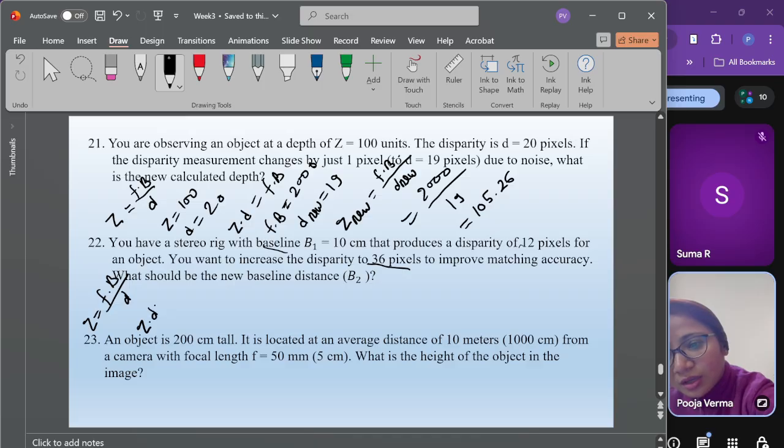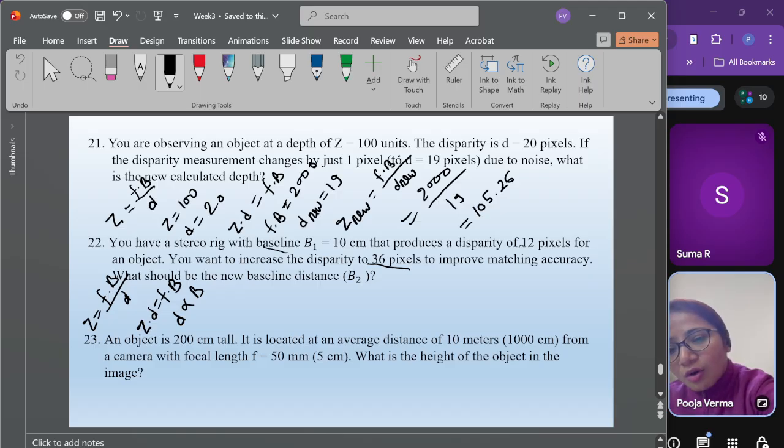So Z into D is equal to F into B, right? From here, D is directly proportional to B. We can assume that the focal length and object depth remain constant. So B1 is given, D1 is given, D2 is given, and we need to find out B2.